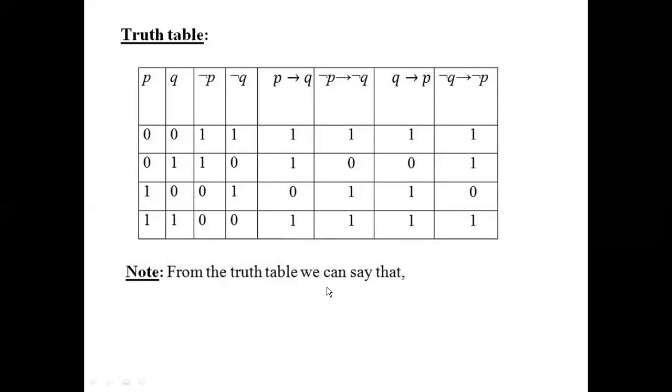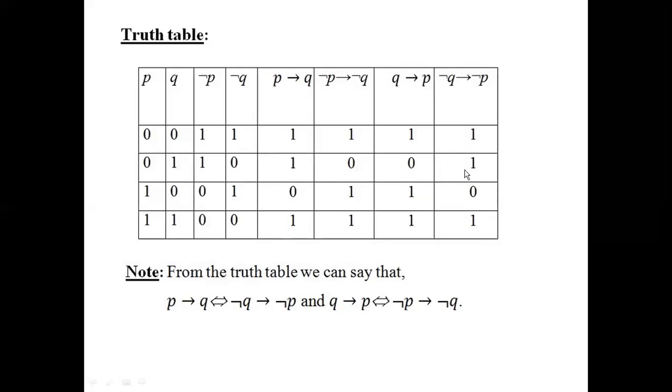Now, from the truth table, we can conclude that P conditional Q is logically equivalent to negation Q conditional negation P. We observe the truth values of P conditional Q, that is the fifth column, and the eighth column, negation Q conditional negation P. They have the same truth values: 1, 1, 0, 1.